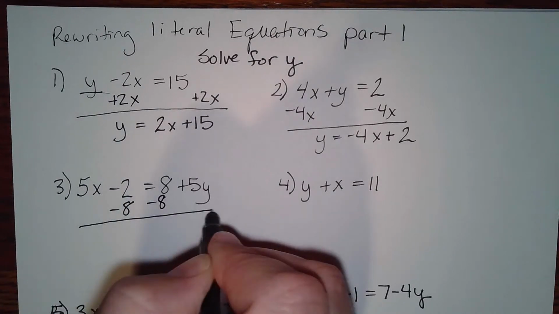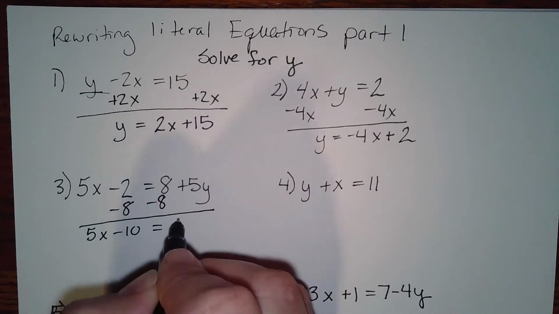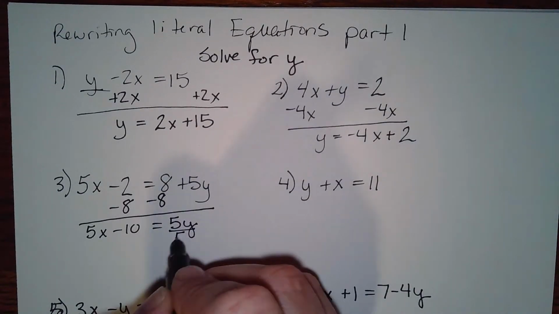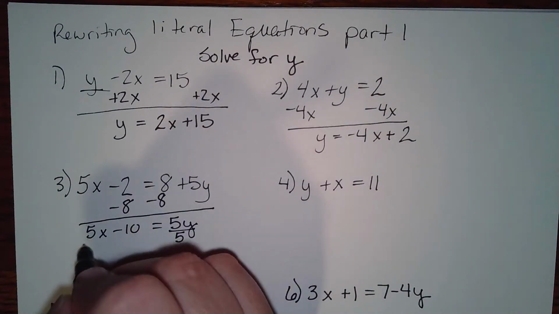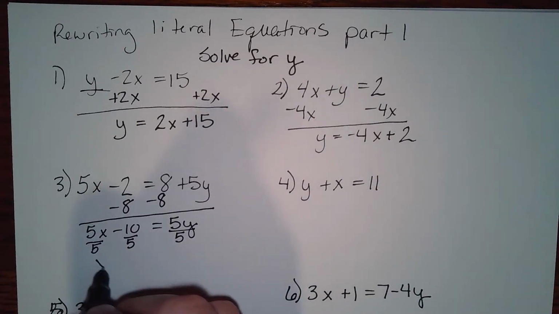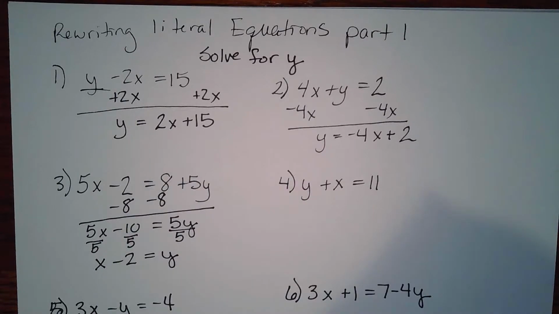So I have 5x minus 10 equals 5y. Now, the second step is going to be divide everything by 5 to get y by itself. So I divide that by 5, and then each one of these on the left-hand side by 5. So I have x minus 2 equals y as my final answer.